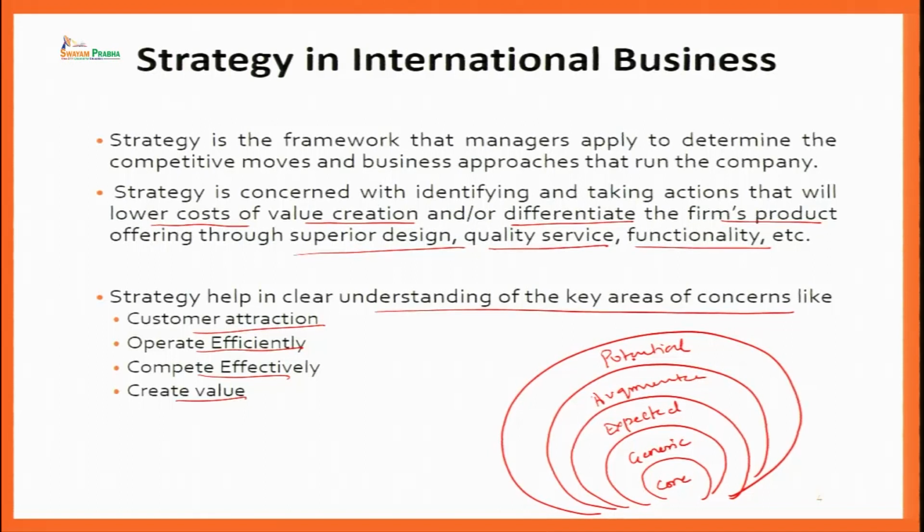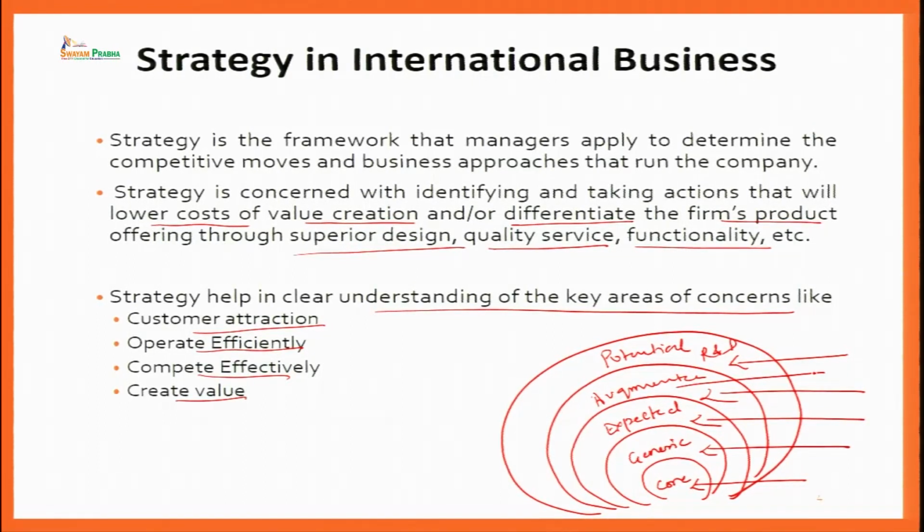So for generating the value, what you need to see is what I have to do as far as my product is concerned. Do I need to focus on the core area, the generic area, the expected area, the augmented product, or the potential product, that is through R&D?